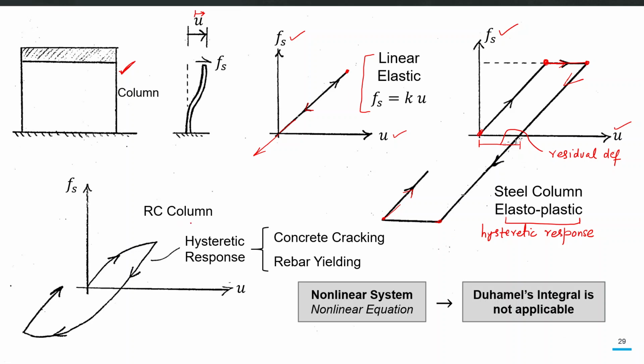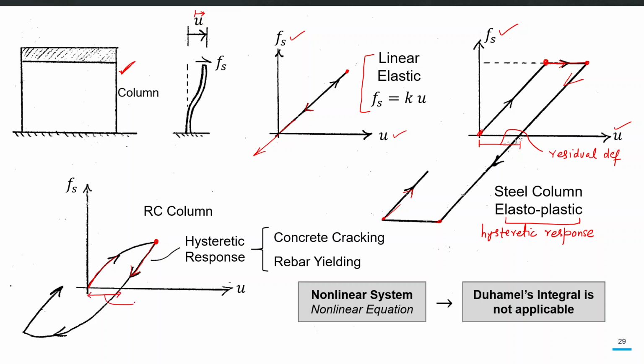In case of RC columns, the cyclic behavior or hysteretic response may not be elastoplastic because the behavior of concrete is in non-linear range right from start. So the line is almost curved from start, and upon unloading at any point, let's say from here, the line will follow this kind of path here, and it will again have some residual deformation just like the steel column.